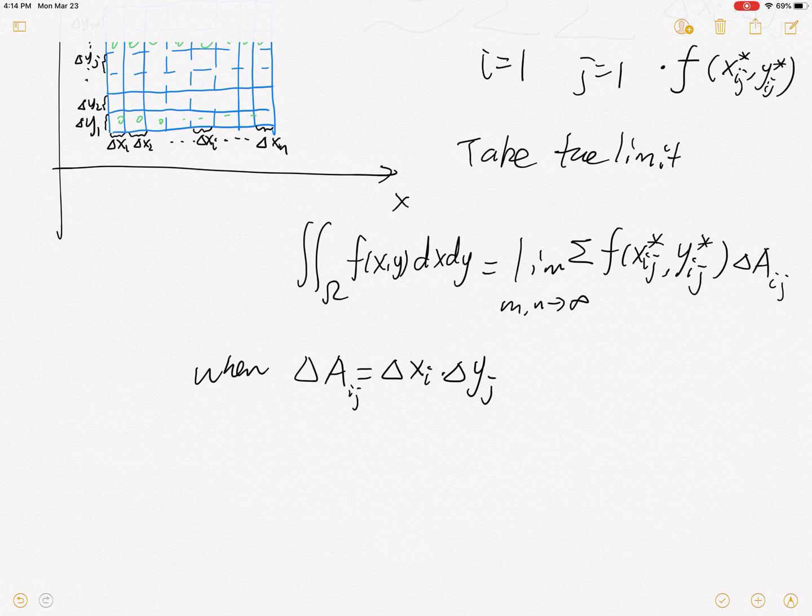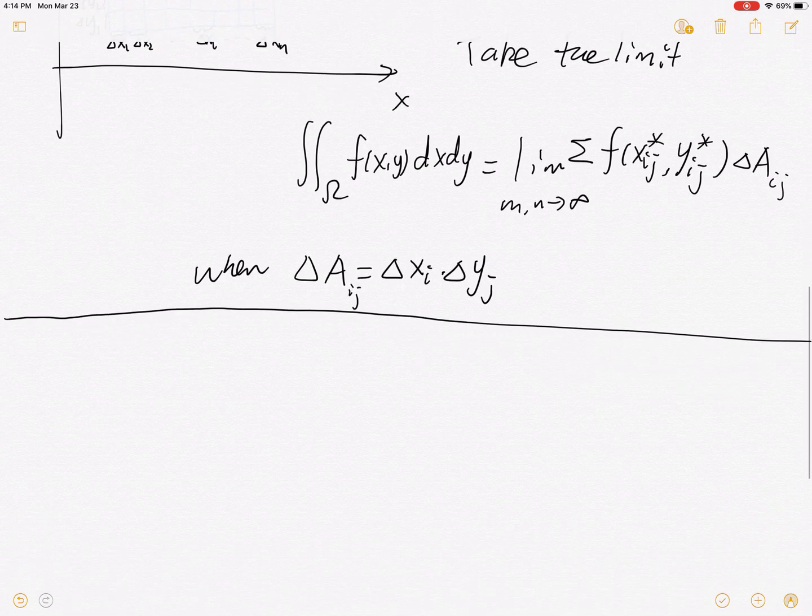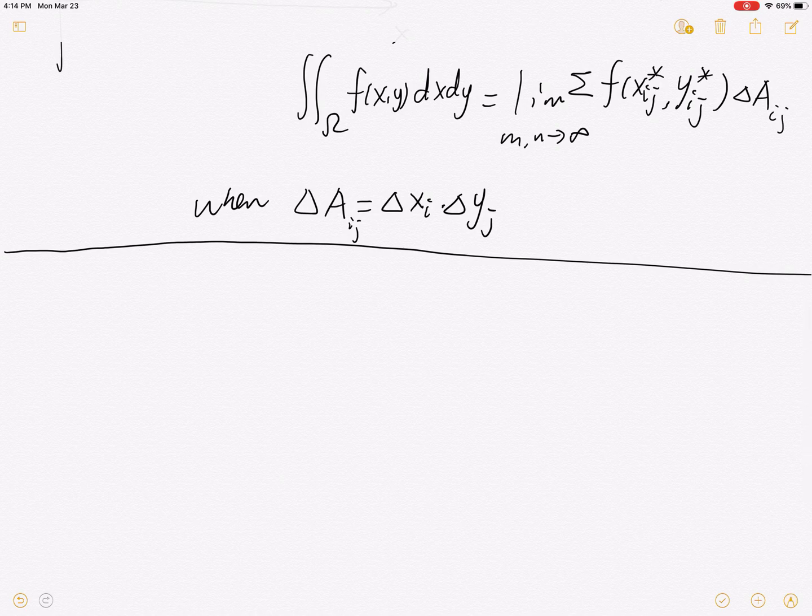Okay, so this is an almost rigorous definition for the 2D integral, and you can do the same thing for 3D and any dimension, and there's no big difference.